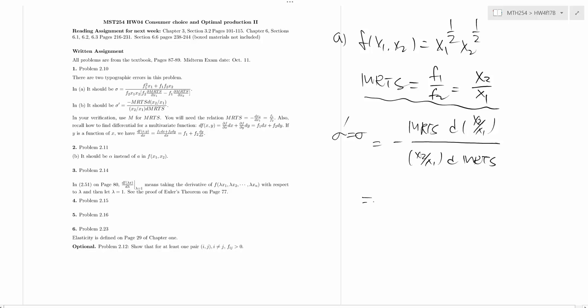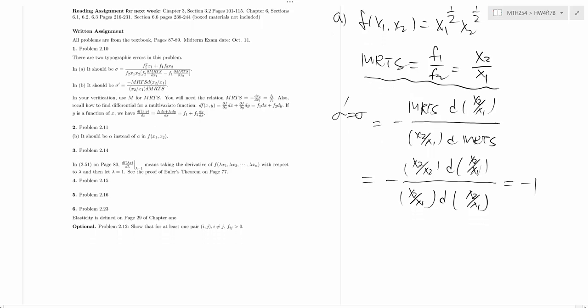So if we put this one inside, this is exactly what we have, x2 over x1. This replaces MRTS, and then we have d of x2 over x1. And then we divide by x2 over x1, and then d of x2 over x1. Do we see any difference between the numerator and the denominator? The answer is no. So they're just the same. So this one over here is exactly -1.